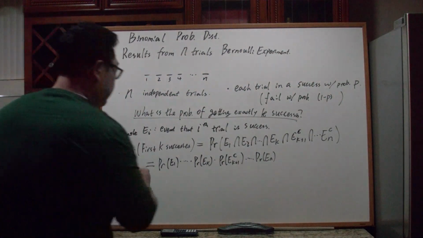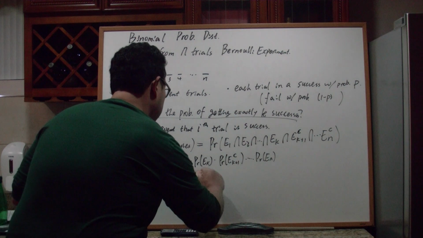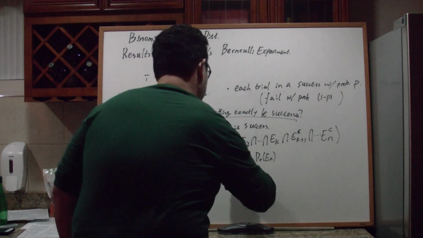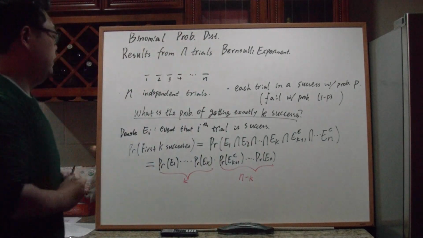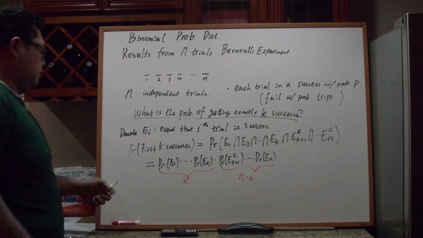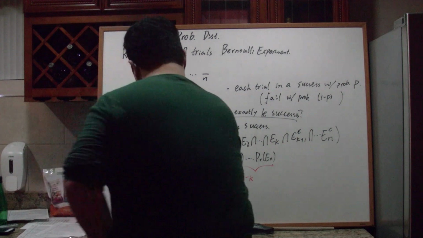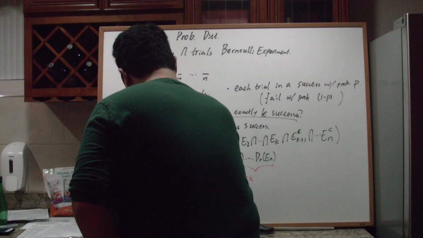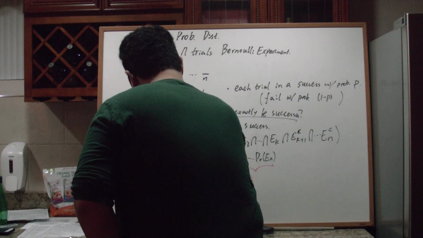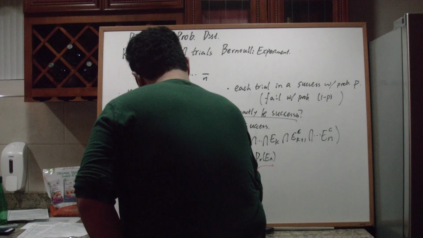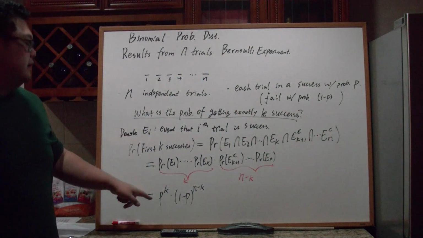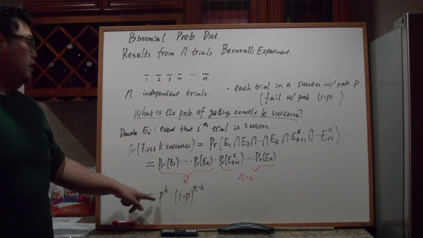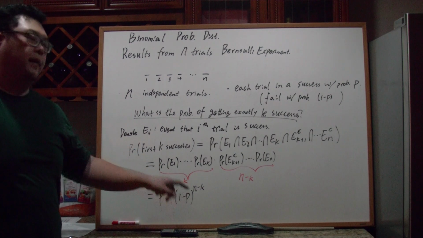Right, the first k are successes, and the remaining n minus k are failures. We get k successes and n minus k failures with probability p and 1 minus p.